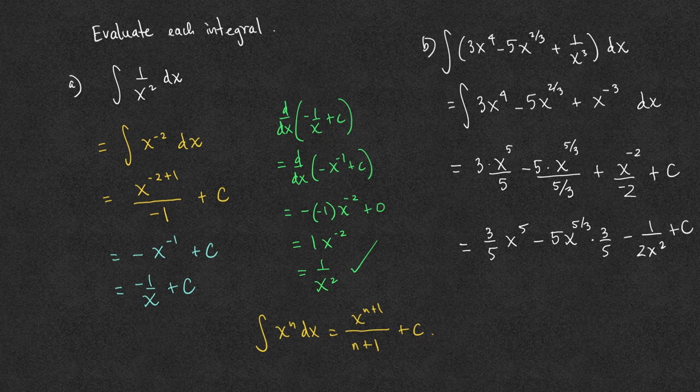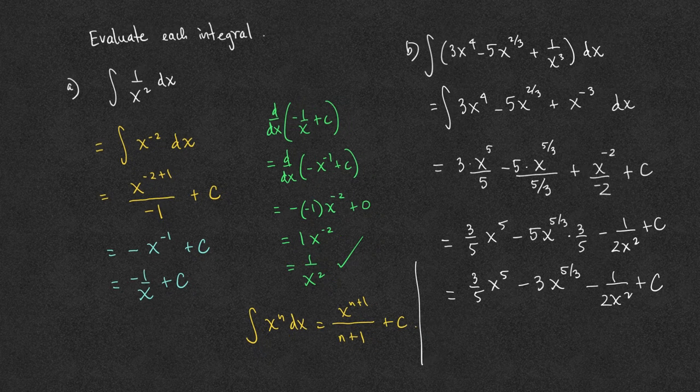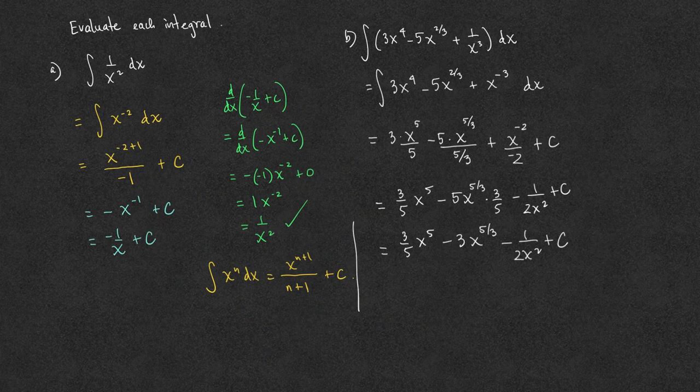The 2 is in the denominator, and x to the negative 2 can be rewritten as 1 over x squared. And this is 3 over 5 x to the 5th minus 3x to the 5/3 minus 1 over 2x squared plus c. To check that this is the correct answer, we differentiate it.